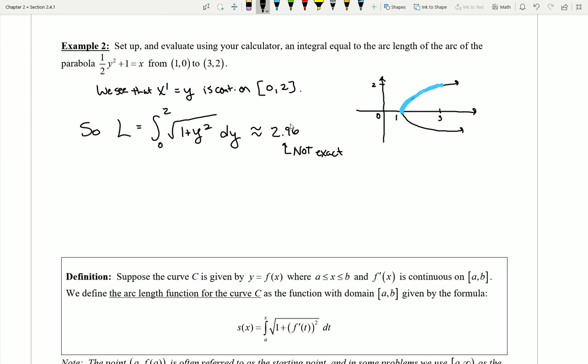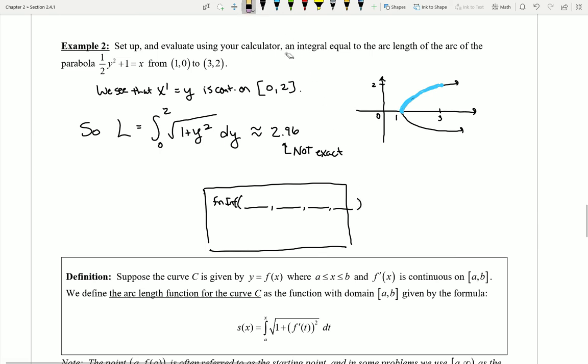Now, if you didn't have that calculator command, it's possible that on your calculator screen, you got something that looked instead like this. You had fnInt, and then you had an open set of parentheses waiting. Typically what you have to do here is input 4 different things, all offset by commas.